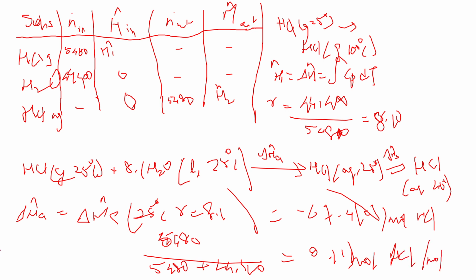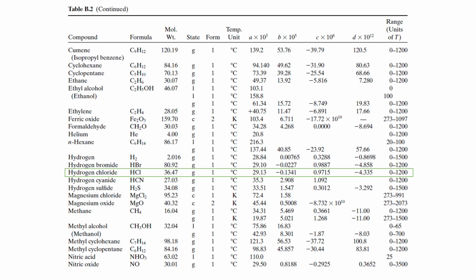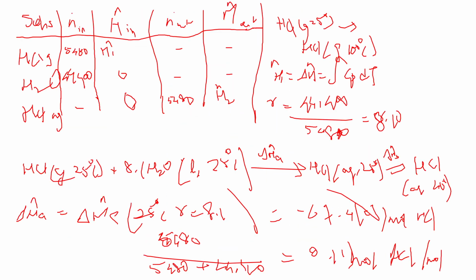So with the 0.11 mole fraction, we will find the specific heat value for HCl. So all these we are doing to find out this delta HB. So when we know the mole fraction and the specific heat value, we can find the delta HB.